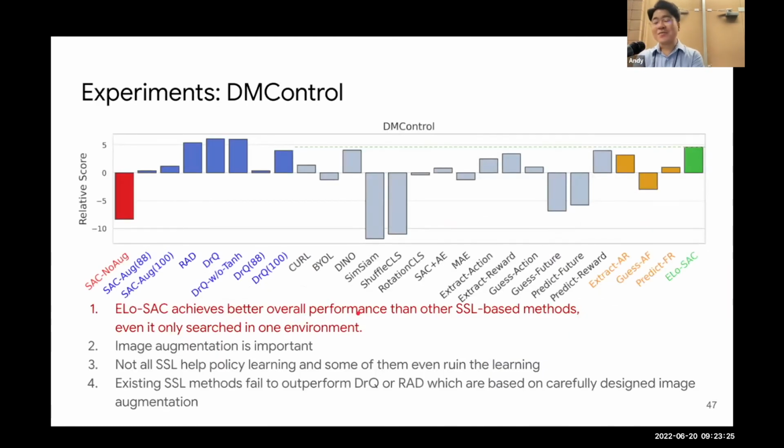And the observation here is that this combination of everything is better than everything, which is good, and is still worse than image augmentation only. So use of self-supervision, regardless of how many losses we used, was still inferior to carefully designed image augmentation. Meaning that, okay, what's the point in doing this?